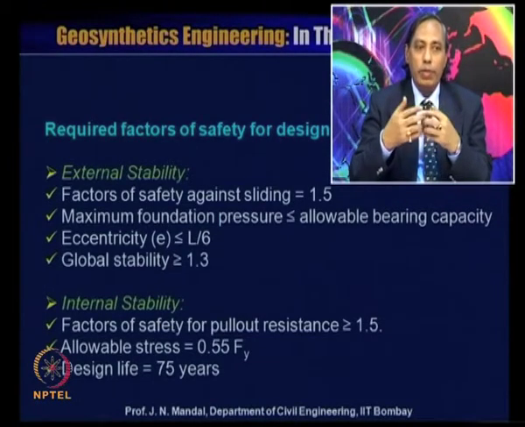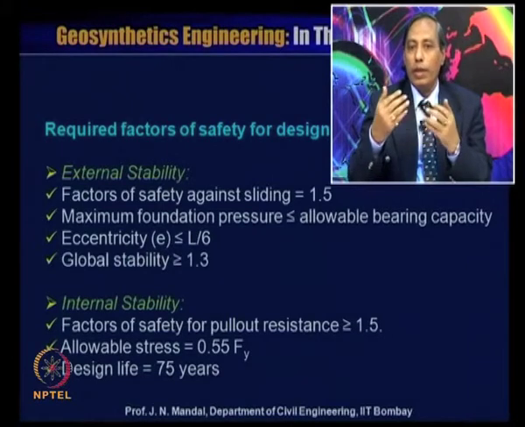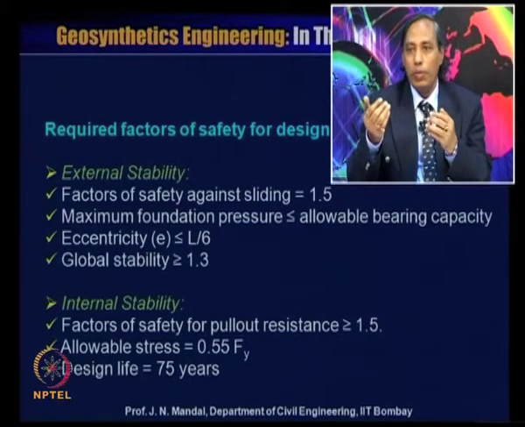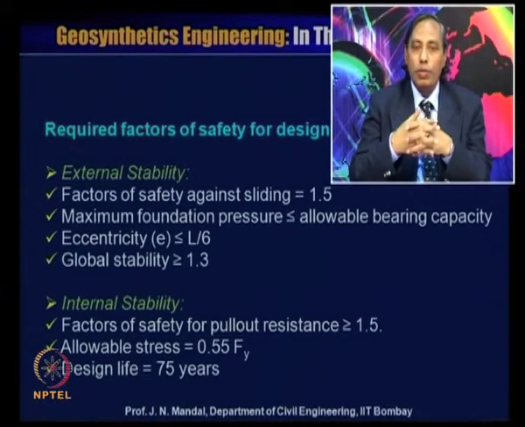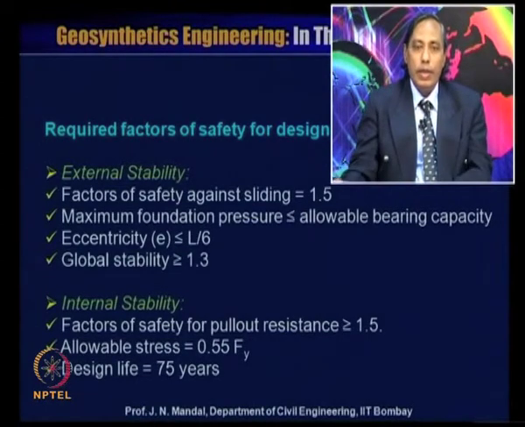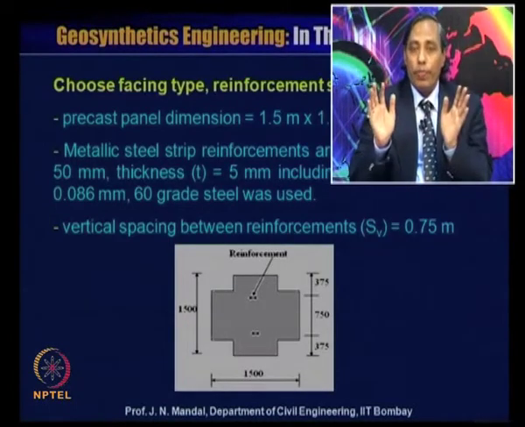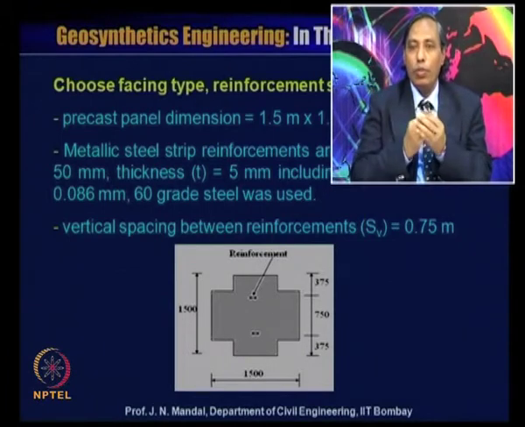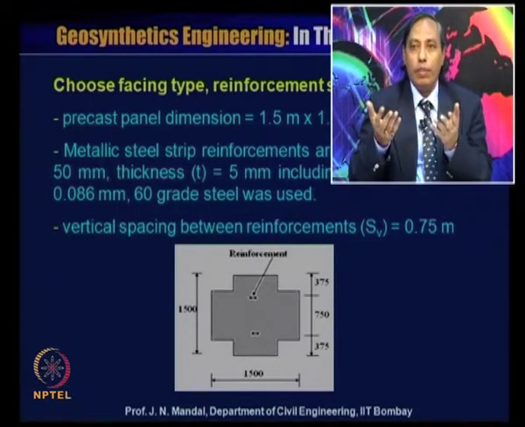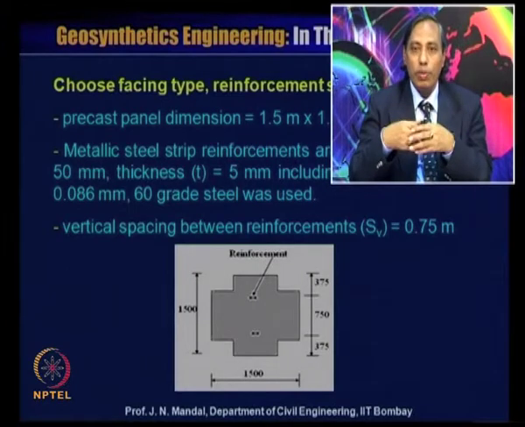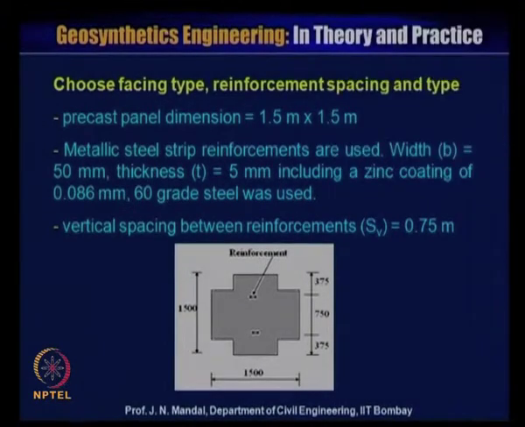For internal stability you have to check the factor of safety for pull out resistance, which should be greater than or equal to 1.5, and the allowable stress, because this is an inextensible reinforcement, will be equal to 0.55 f of y, and we consider a design life of 75 years. So you have to check the design life and the factors of safety for the external stability as well as for the internal stability.